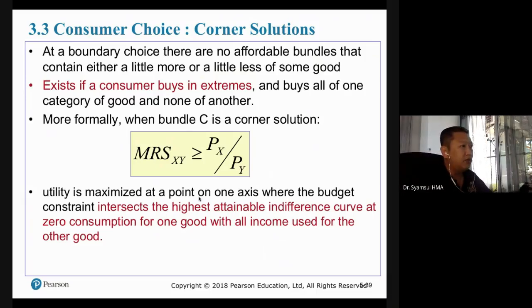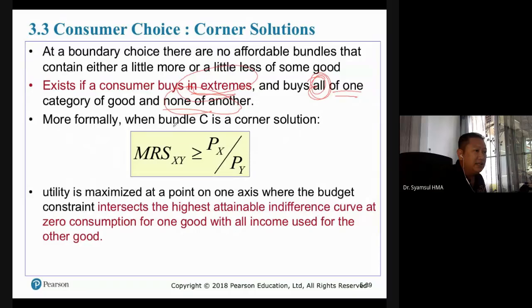At a boundary choice, there are no affordable bundles that contain either a little more or a little less of some good. It exists if a consumer buys in extremes, and buys all of one category of good and none of the other. In this case, maybe you just buy food.